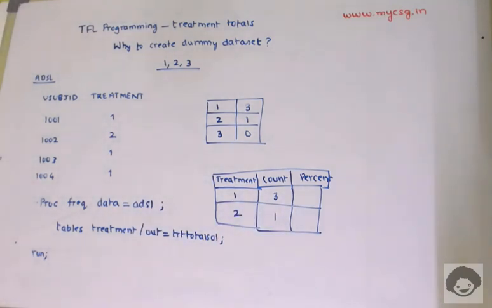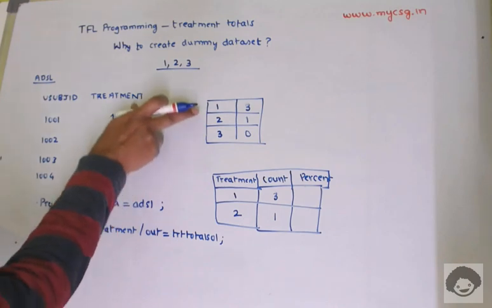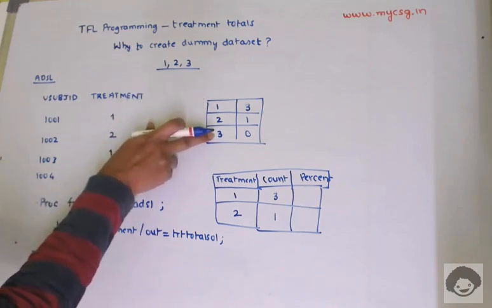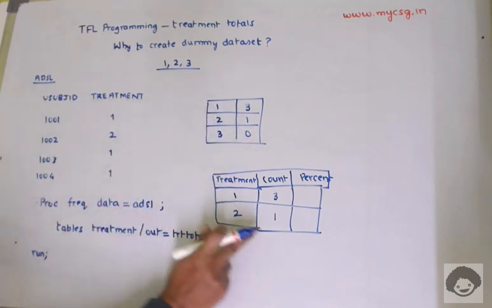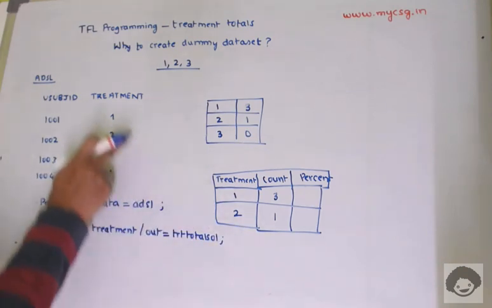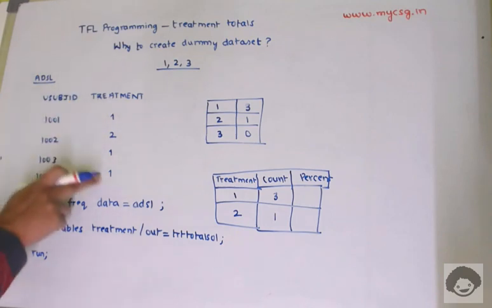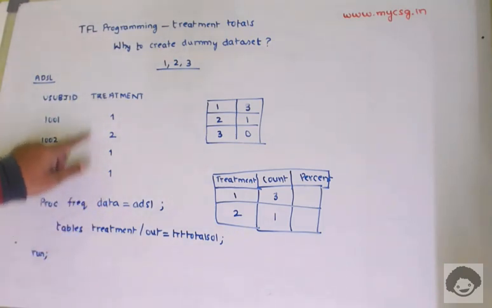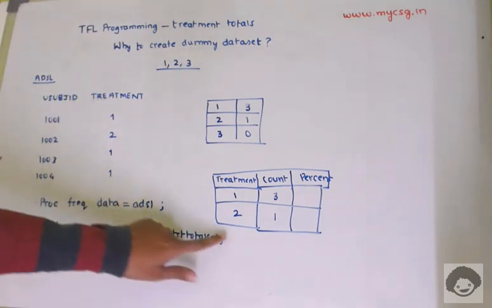If you see, we had to report the third treatment also with a value of 0. But what PROC FREQ does is it only gives us the summary of the unique values seen in the input variable. In the input variable there was no occurrence of 3, so it would not give a row for 3.